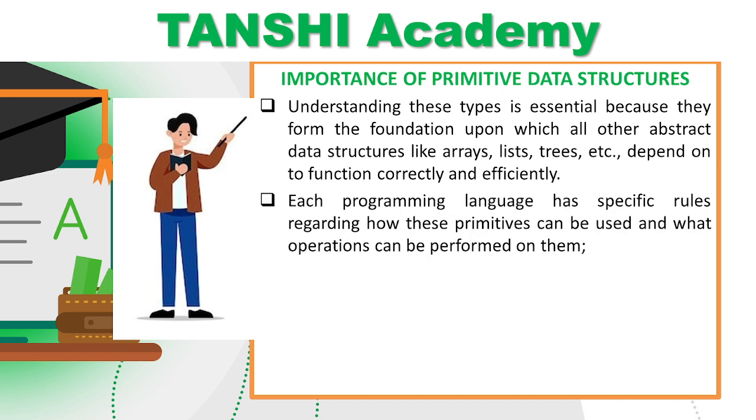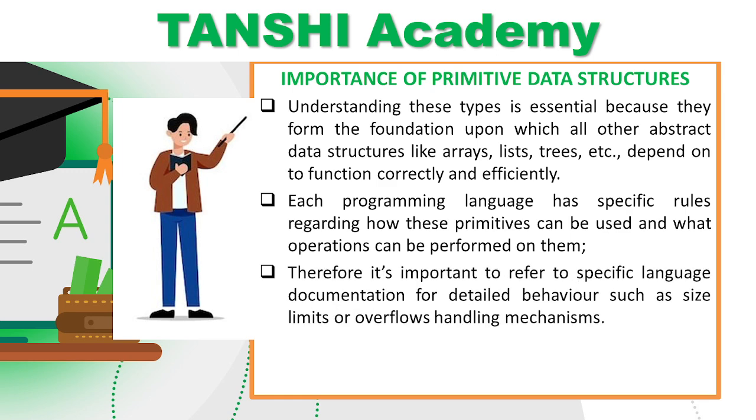Second, each programming language has specific rules regarding how these primitives can be used and what operations can be performed on them. So you see that it is important because you will need to understand that different programming languages have different ways they can be manipulated. So it is important to understand primitive data structures based on the language too.